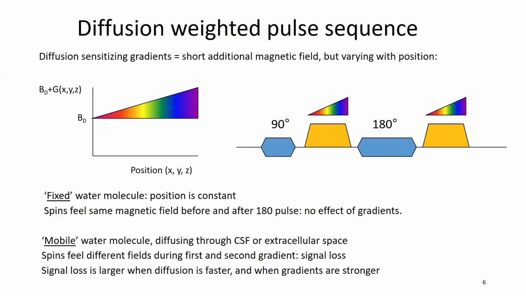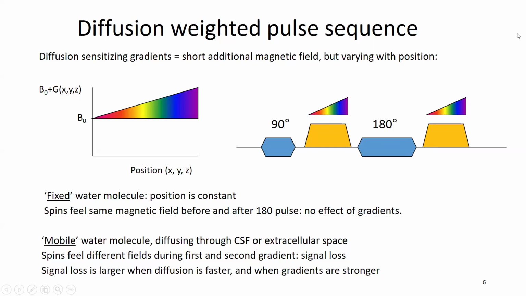So the field strength before and after, during this whole pulse sequence, is changing. Why exactly? It's a bit too far, but just believe me, then the signal is reduced. You keep the same signal when the field strength remains the same, so either both times the yellow or both times the purple one, but if the field strength is changed during this whole sequence because the molecules are moving, then you are losing signal.